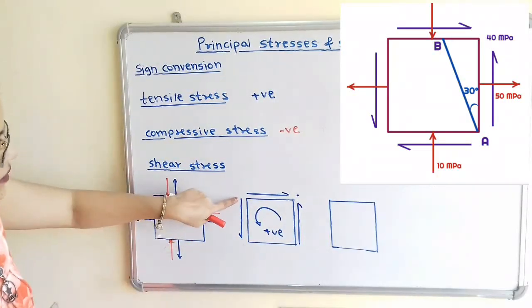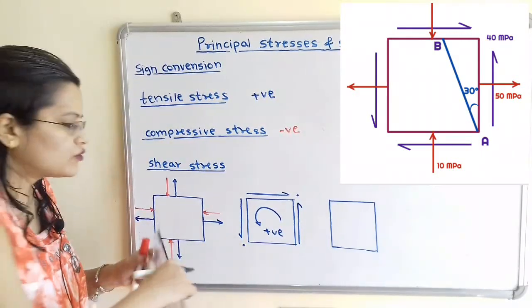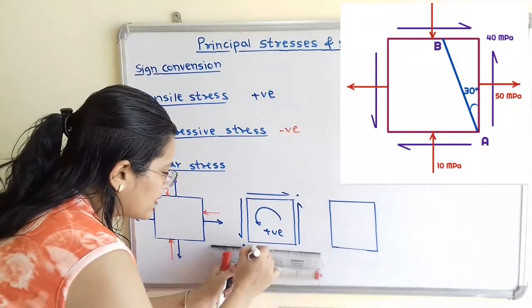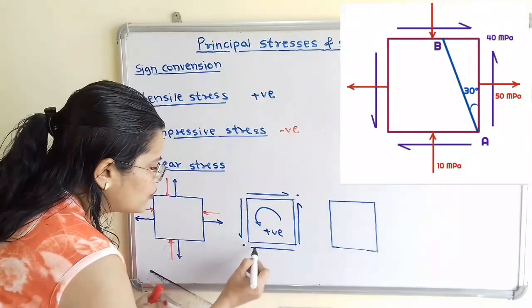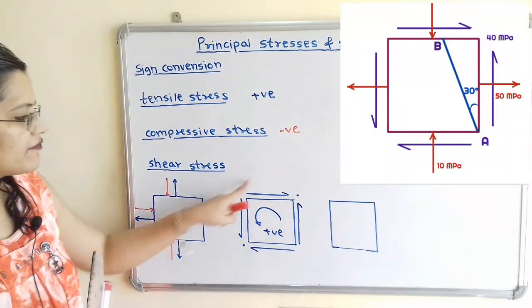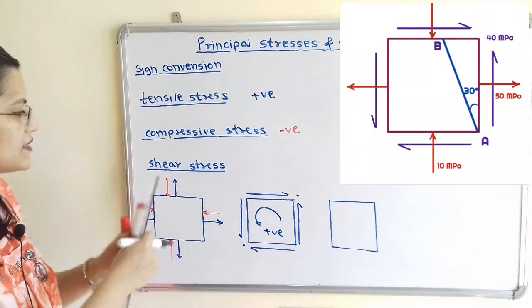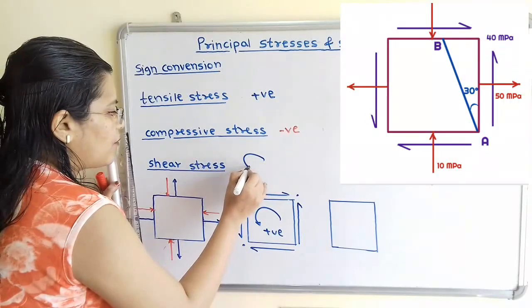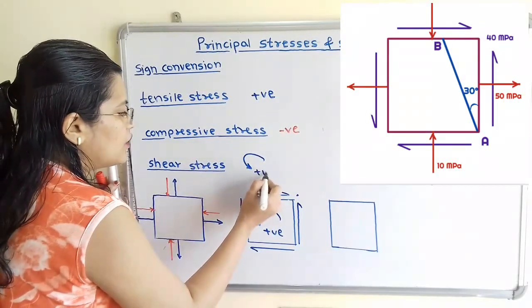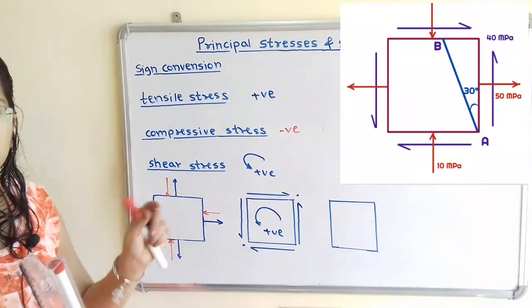In the same way, for the other face, if I draw a line parallel to this face, then I have to show the direction towards this point. So if the arrows are in these directions, then there is anti-clockwise direction, and for this anti-clockwise direction we have to use positive sign. Now we will move to the second type.